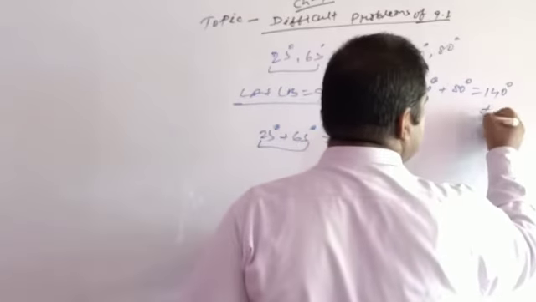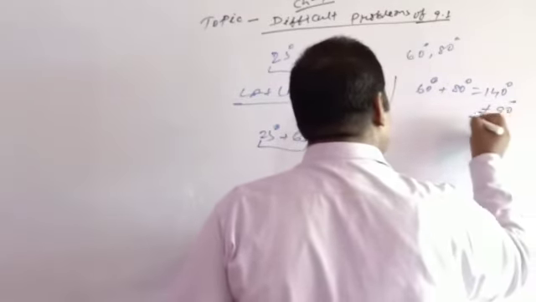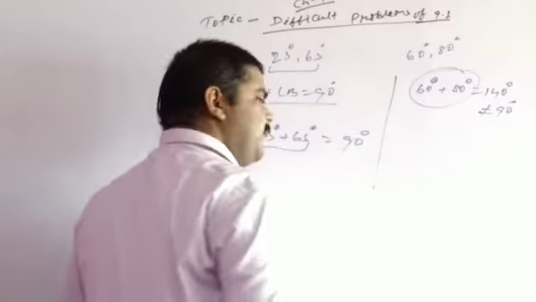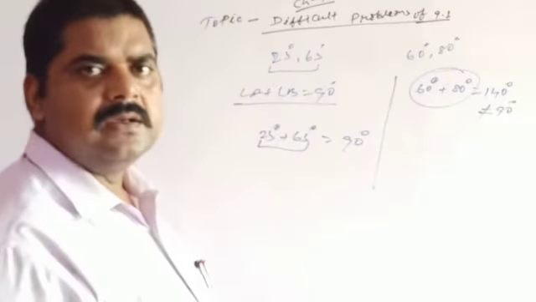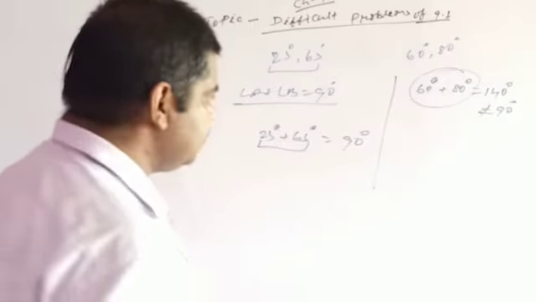Since it is not equal to 90 degrees, this pair cannot be complementary angles.